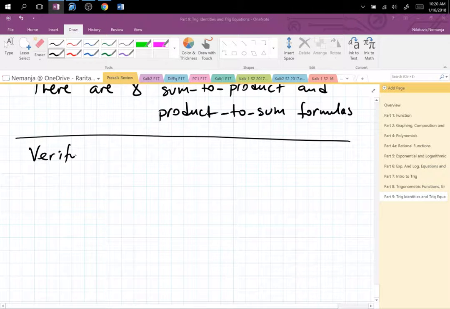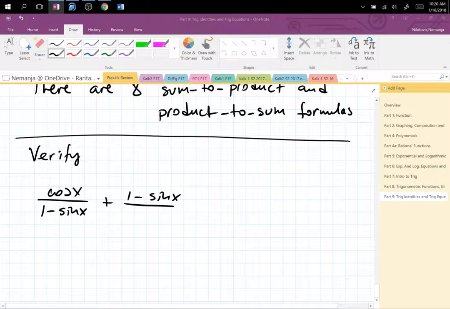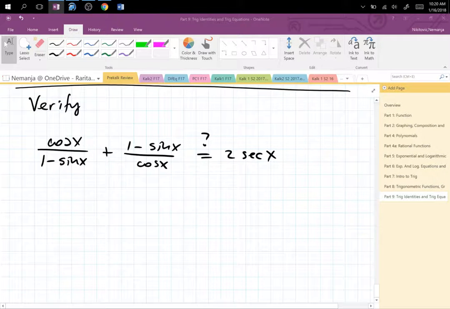Verify cosine x divided by 1 minus sine x, plus 1 minus sine x divided by cosine x, to be equal to 2 secant x. And I put a question mark above the equal sign because we don't know if this is true or not. That's why I say verify. I make sure that, as I said, you can write anything down. Now, whether it's going to be true or not depends on our calculations.